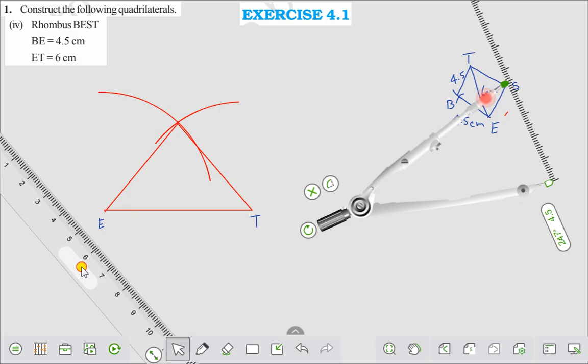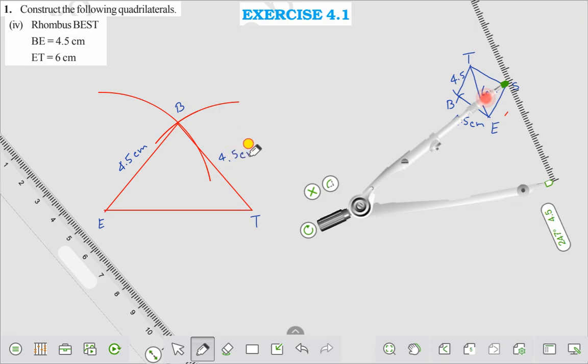Right? And we got this point as B. We got the pointer here as B, and it is given that B is equal to 4.5 centimeter, and obviously BT is also 4.5 centimeter because in a rhombus all the sides are equal in length.